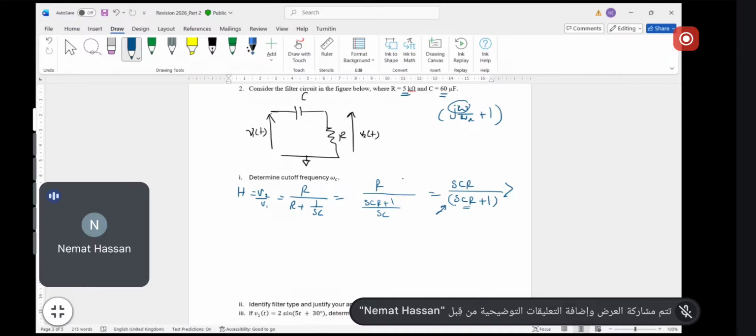So we try to make it plus 1. Why? Because when we draw the Bode plot, you'll notice the gain equals 1 to normalize it, so that regardless of the original cutoff frequency, the gain is 1 and the cutoff frequency is constant. So if you compare, considering that this is the normalized form, the number multiplying s, 1 over that number, is omega c. So omega c will be equal to 1 over CR, which is equal to 1 over 60 times 10 power minus 6 times R, which is 5 times 10 power 3.